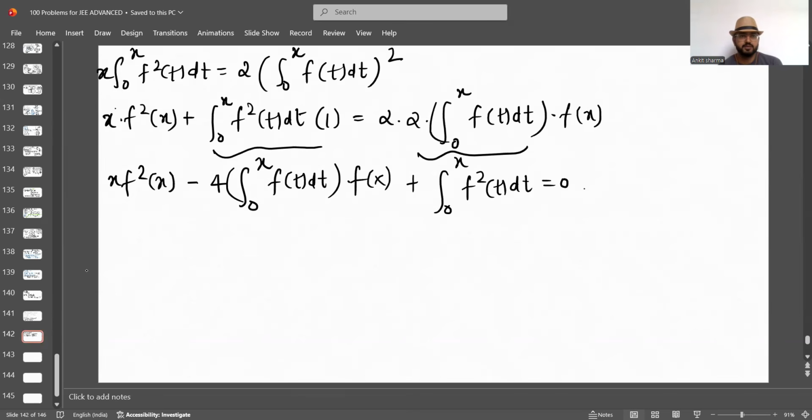is equal to 0. Now this looks like a quadratic equation in f of x. So this is a quadratic in f of x.